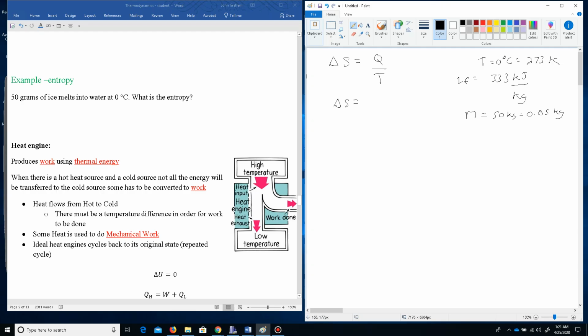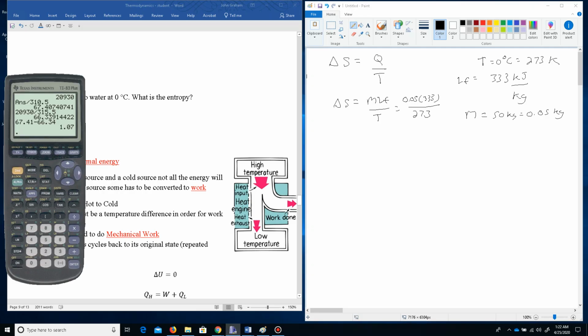So delta S equals Q, which is mass times latent heat of fusion over the temperature: 0.05 times 333 divided by 273.